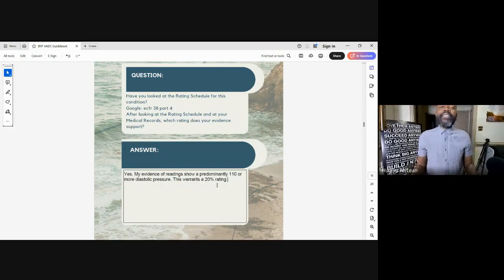All right. And in those cases where you get a 0% rating, that's not a problem. You want to just keep going back to the doctor, making sure you're getting your medication, making sure it's being monitored. Because even if you have a 0% rating, if something happens with you and you pass because of some heart-related condition, even that 0% rating will get your dependents that dependency indemnity compensation.